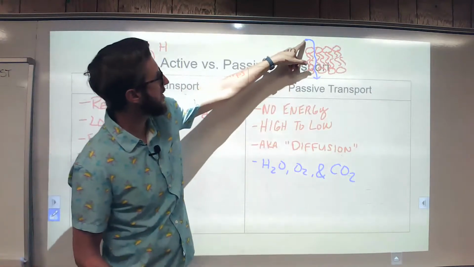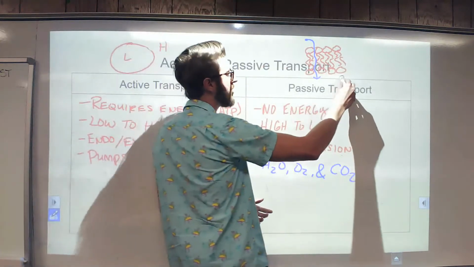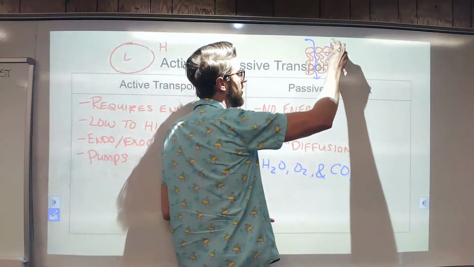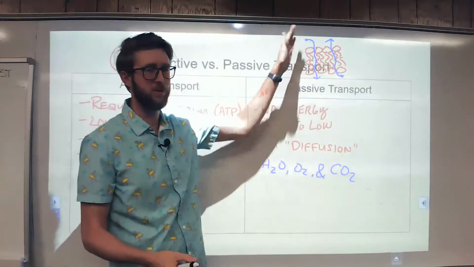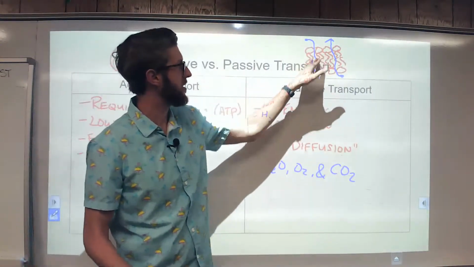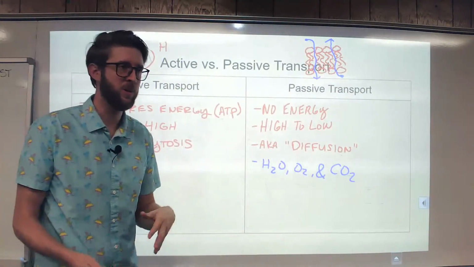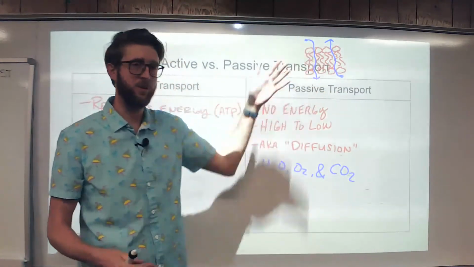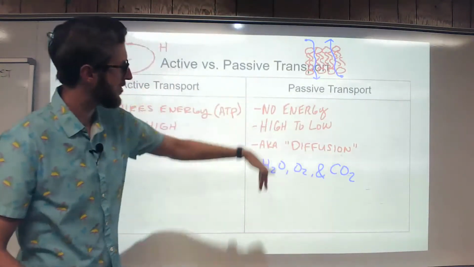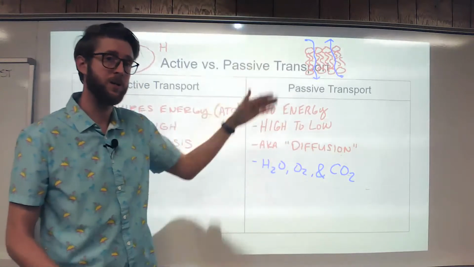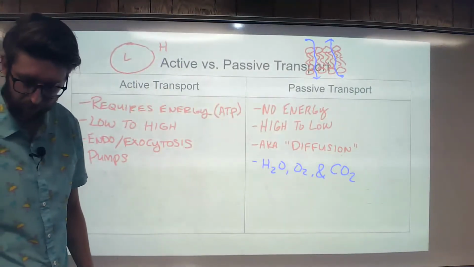Okay, so this could be H2O, oxygen, or CO2, and these things are small enough to simply go in and out of the cell by squeaking through the phospholipids in the cell membrane because they're tiny enough. Okay, and that's a form of diffusion because the cell doesn't have to exert any energy for that to happen. It just happens on its own, okay? They just flow with the current, whichever direction the current happens to be flowing at that time.